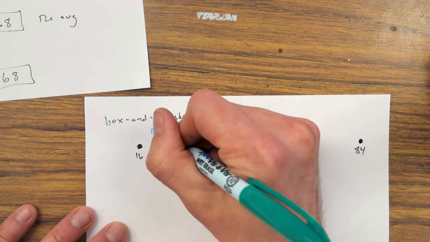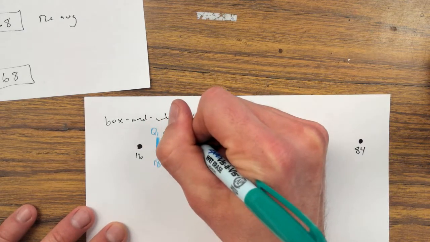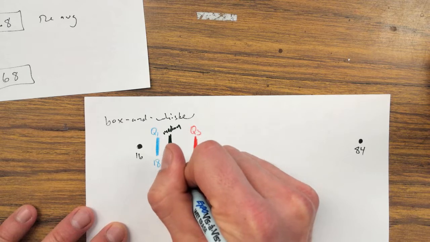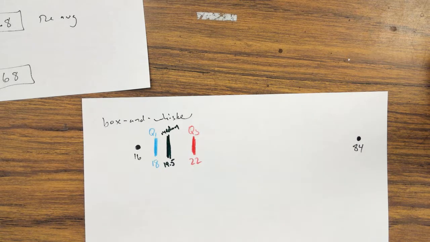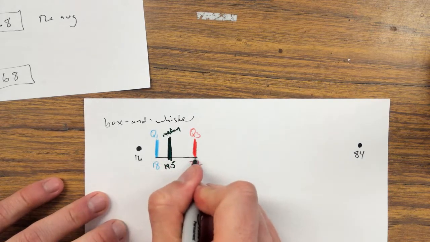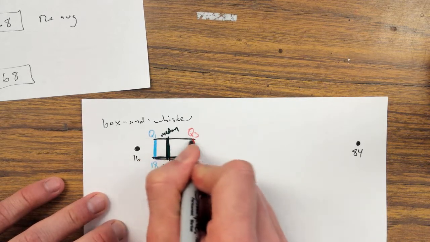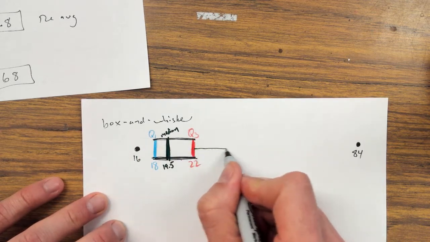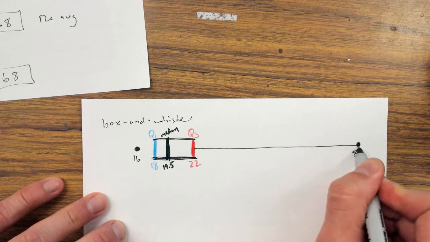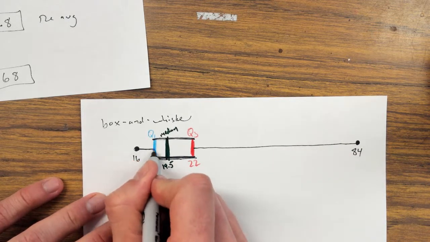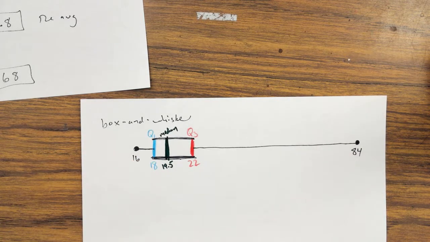I'm going to call that the median. I'm going to say it's 19.5. I'm going to connect all these bars on the bottom. I'm going to connect all the bars on the top. And I'm going to stretch a line from that box on the left and right to the biggest and smallest number, making our box and whisker.